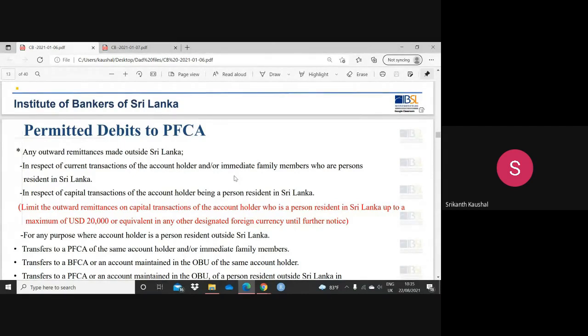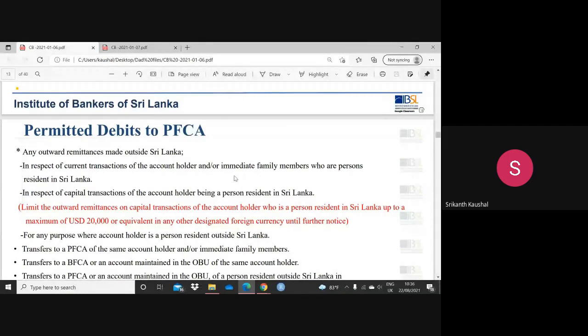That means X maintaining account in Bank of Ceylon, you could transfer it to HNB or Commercial Bank of the same account. That is possible. Then whatever the funds lying in the account, the interest will be credited. So those are, simply remember, credits permitted under each foreign currency account.